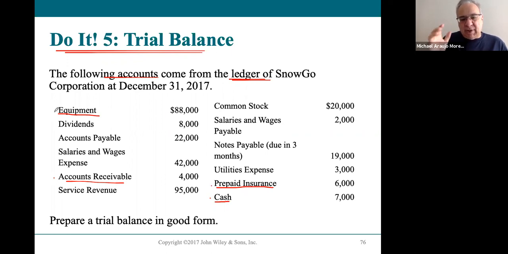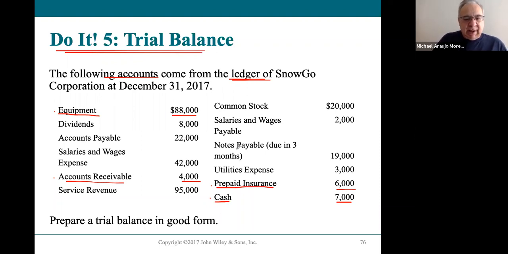You would put all those on the trial balance, and each one of these balances would show up in what column? Well, what balances do asset accounts have? Debit balances. So each of these numbers would be on the debit side of the account, so they'd be listed in the debit column. Then you would list your liability accounts next.